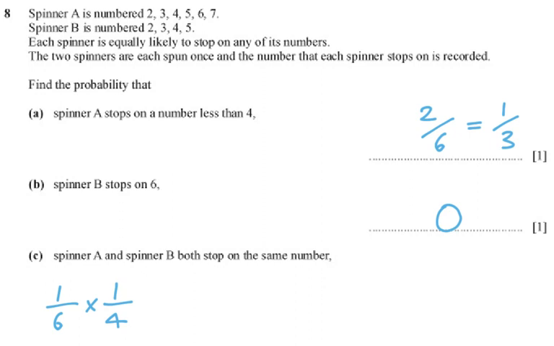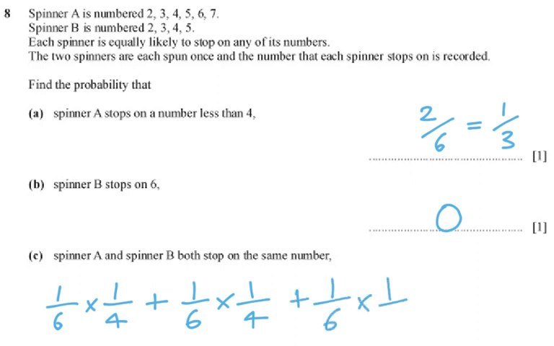a quarter. But then there are more possibilities. You've got 3. So the probability they stop on 3 is also 1/6 times a quarter. And they might also stop on 4 and also on 5. So this could happen 4 times.